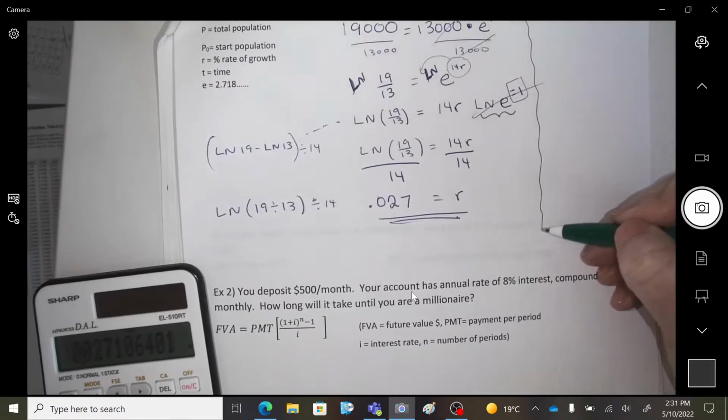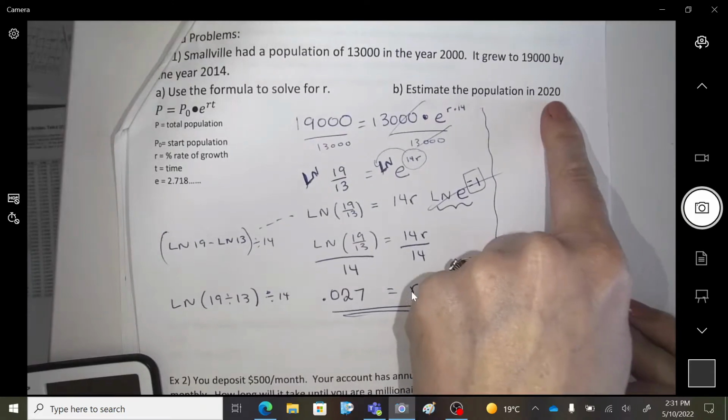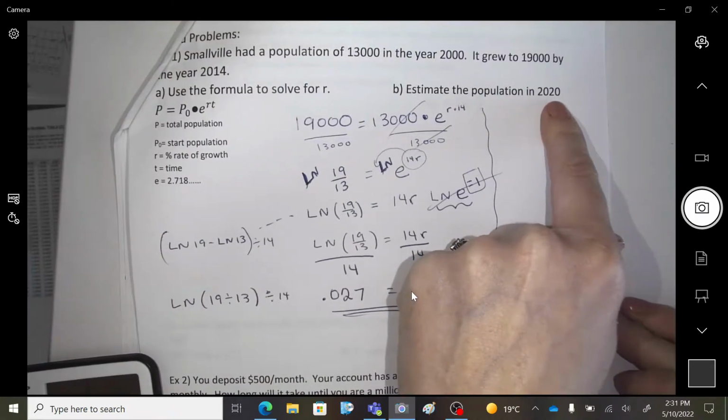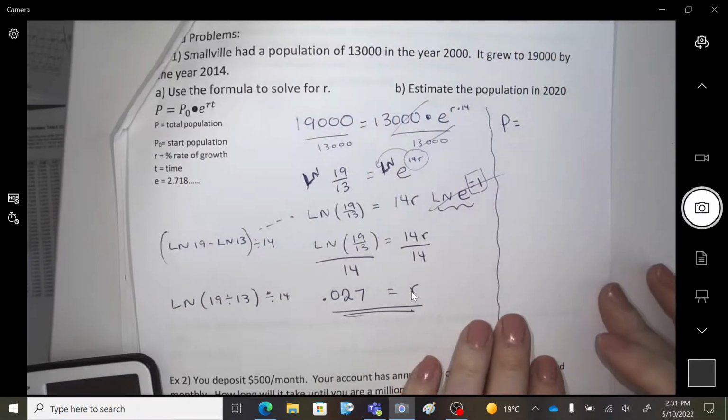Okay. We got to answer part B. Estimate the population in 2020. Okay, so what is the population?